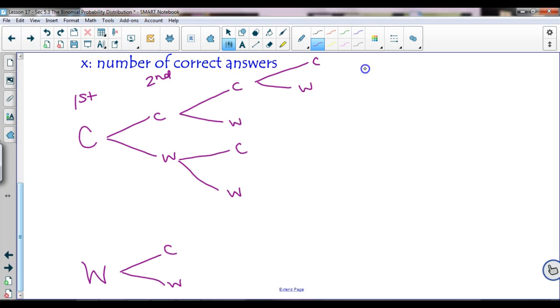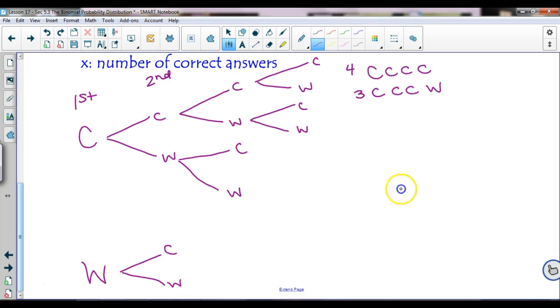So the first one would be correct, right? The next one would be correct, wrong. So this is if we have 4 corrects, this is if we have 3. So then if I follow the next one, it would be correct, wrong, correct, right? I just didn't finish it. Do you see what I want you to do?